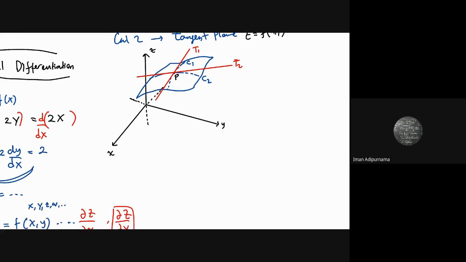What I'm going to show you is the tangent plane. Okay, the tangent plane to the surface.